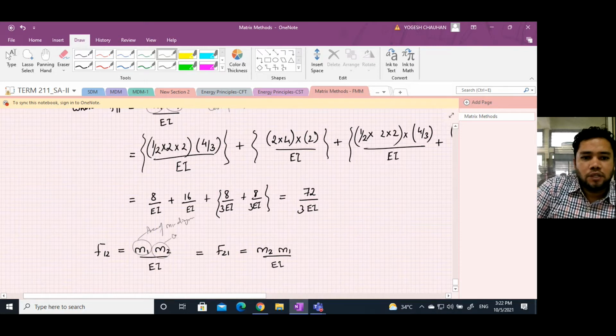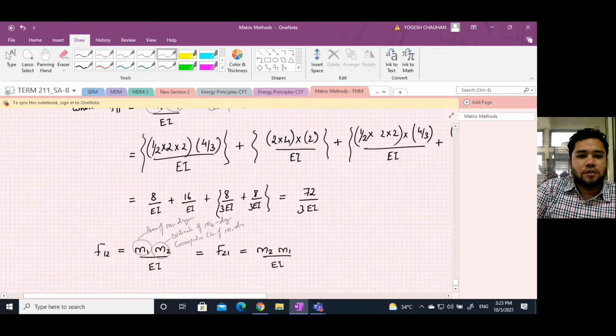M2 means you have to take the ordinate of the M2 diagram corresponding to the CG of the M1 diagram. So you have to take the ordinate of the M2 diagram corresponding to the CG of the M1 diagram.